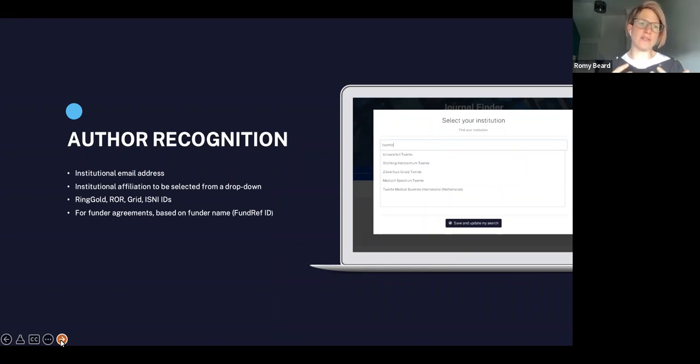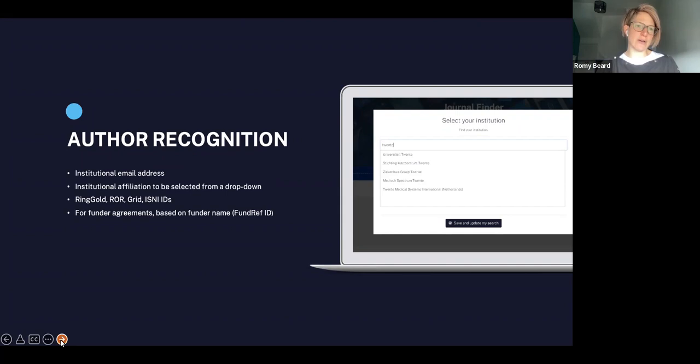Another way to capture authors in terms of recognition is institutional affiliation. And I think this also has its drawbacks if it's not a set field. If you don't use a persistent identifier and it's a free text field, everyone will spell it slightly differently: Oxford University, University of Oxford, or whatever. It's hard then for publishers to catch it.